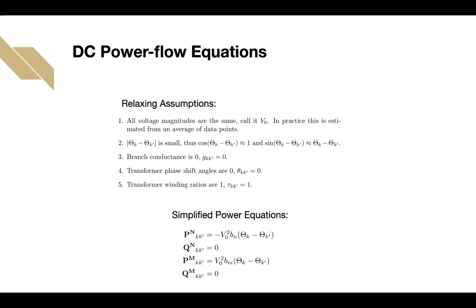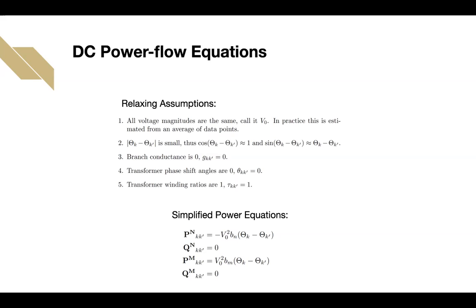We say that it is constant for all of the buses in our network, and in practice, we did this by estimating from data points in our implementation. Next, we assume that the magnitude of our change in angles over our branches is small, and therefore we can approximate the cosine of this angle as 1, and the sine as roughly this angle. This works because that magnitude is small.